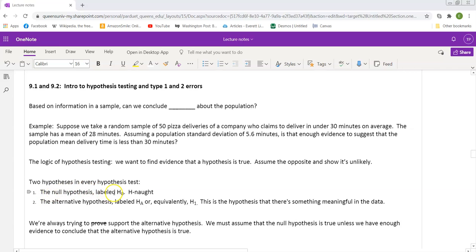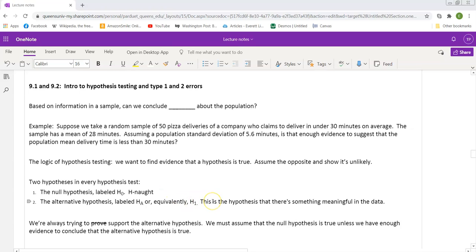So the null hypothesis is called H naught, H with a subscript of 0. That's not an O, that's a 0. And that's not as in nothing. So essentially, this is the hypothesis of no information. This doesn't really mean anything except it's that opposite thing that we have to assume.